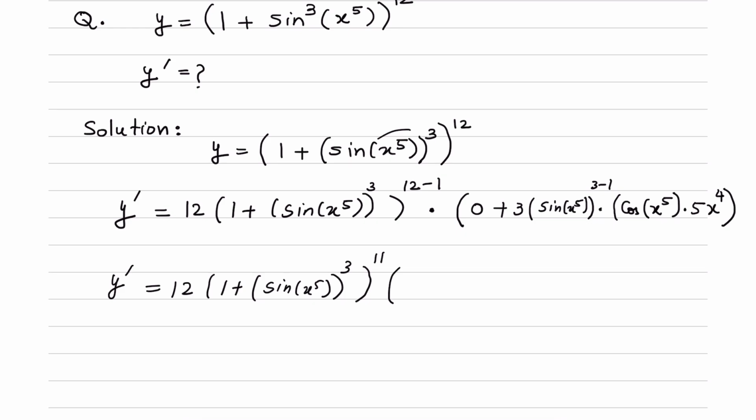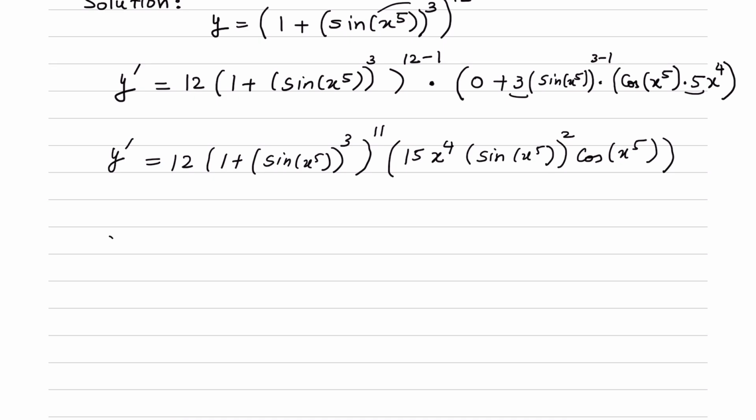Then let's multiply this 3 with this 5, which gives 15 x to power 4, times sine of the angle x to power 5 whole squared, times cos of the angle x to power 5. So that's how we find the derivative of the given expression y equal to (1 plus sine cube x to power 5) whole power 12.